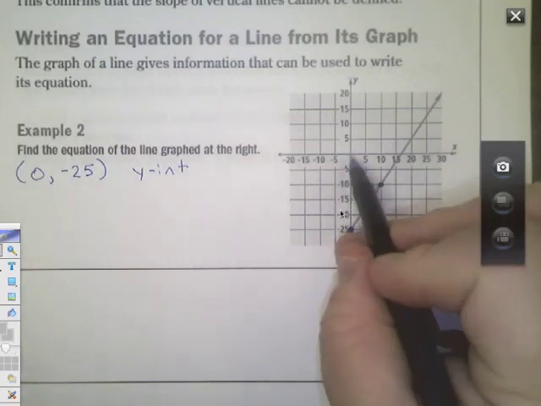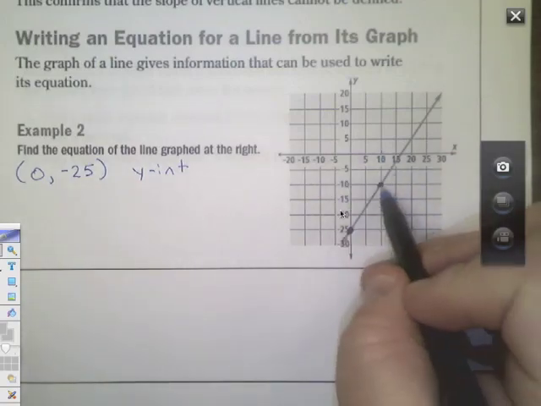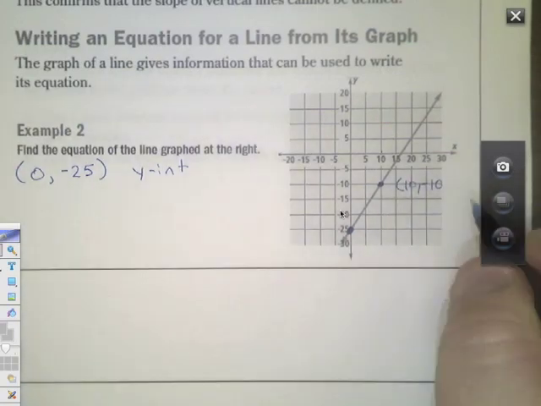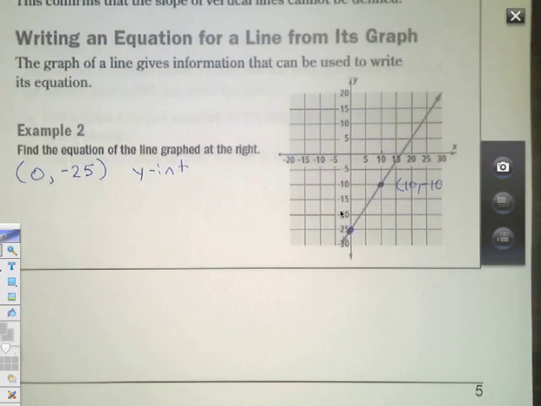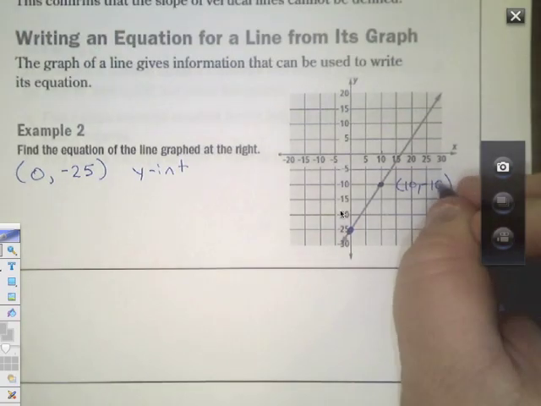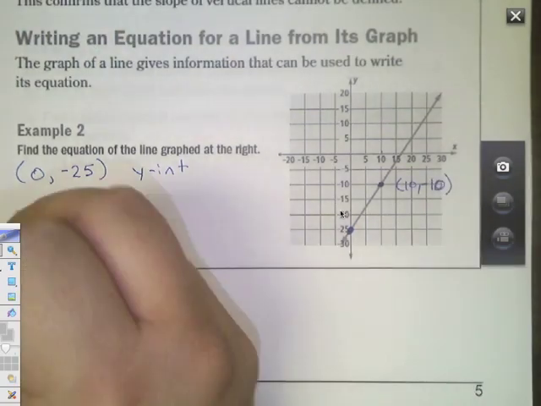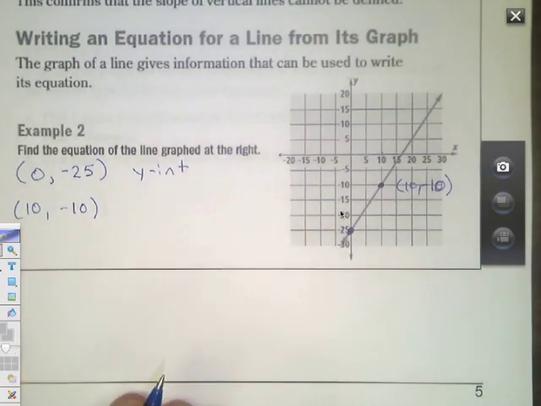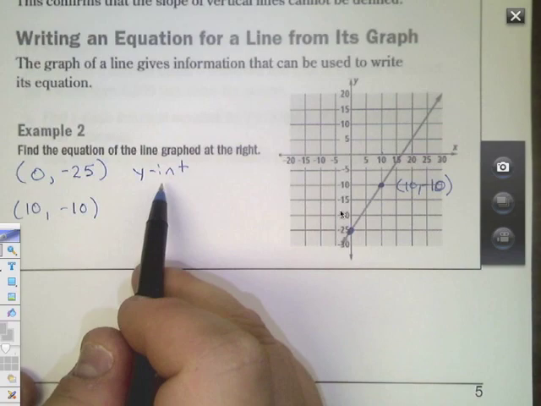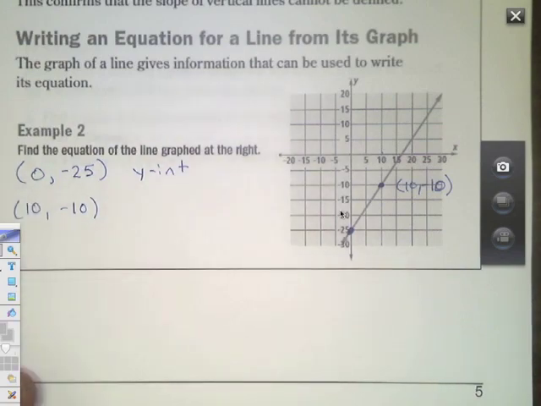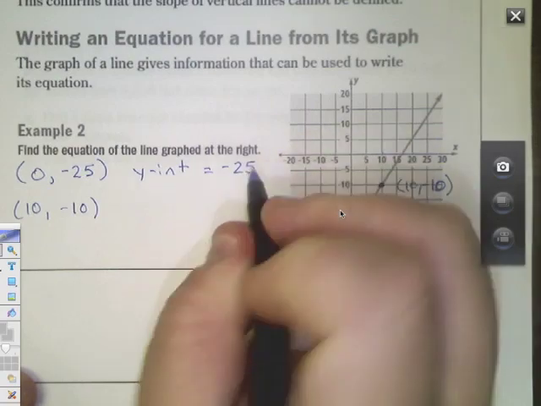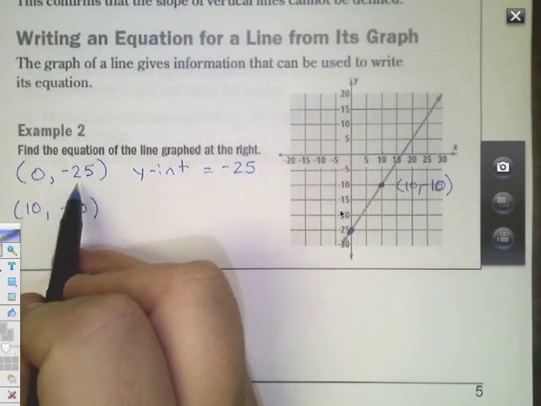I can find another point right here, which is at (10, -10). So, I do know my y-intercept, but I have to find out my slope.